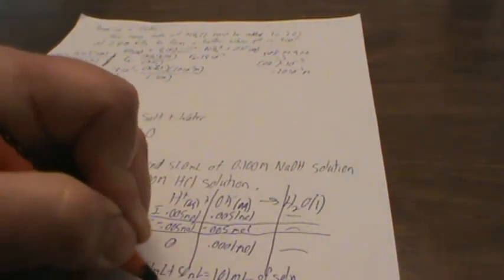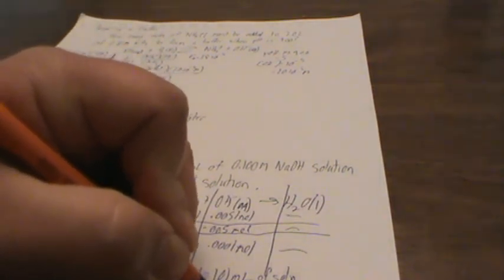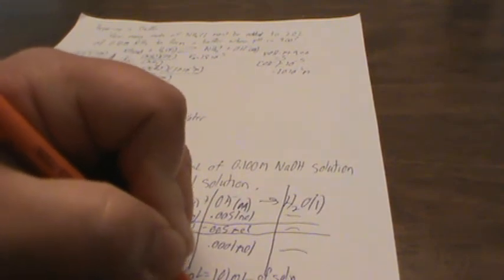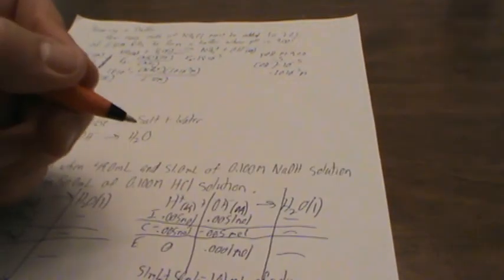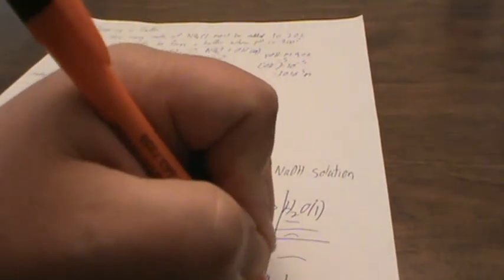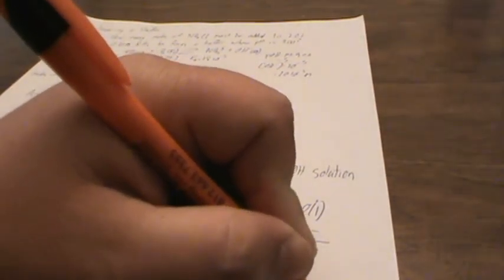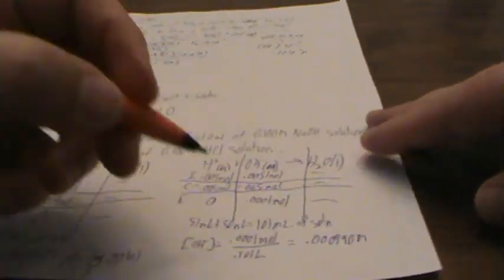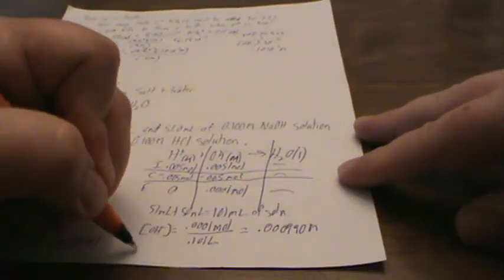And since we have extra hydroxide, the ion concentration would be 0.0001 moles over 0.101 liters. 1 divided by 0.101 gives a concentration of 0.000990 molar. And that's our hydroxide ion concentration.